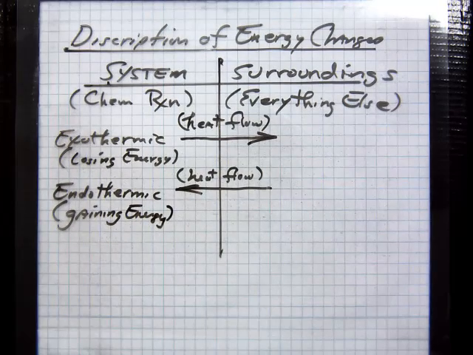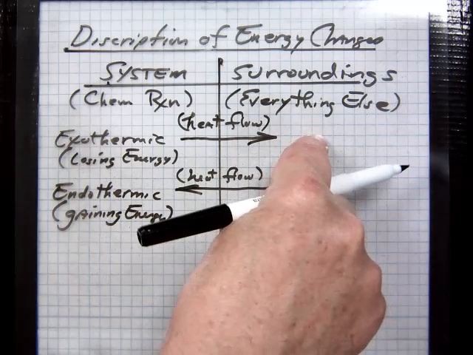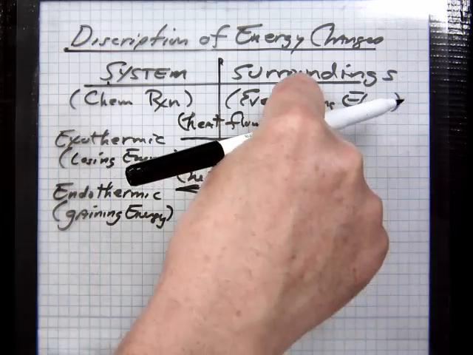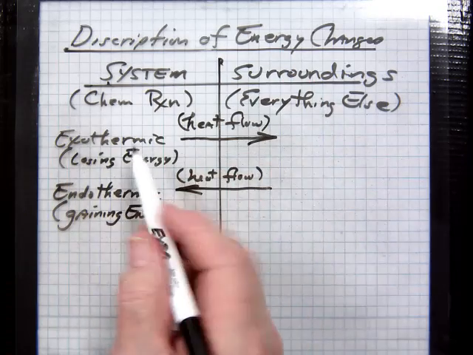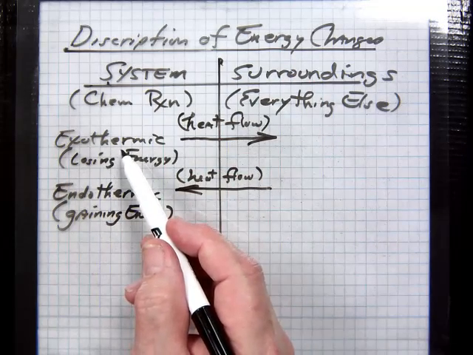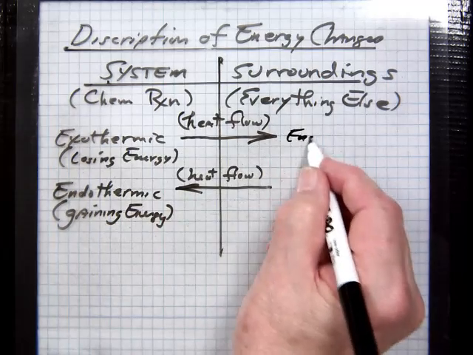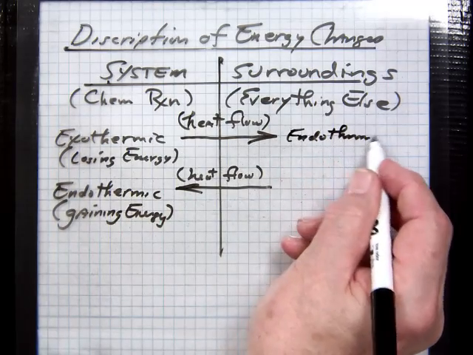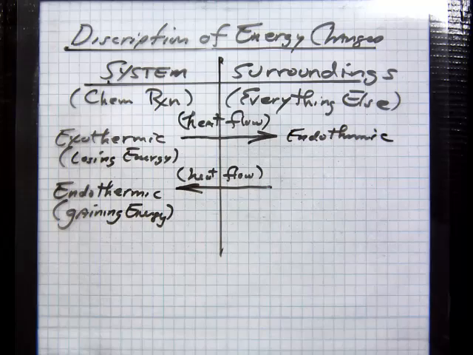Now understand that when we use endothermic and exothermic, you must keep in mind that those terms relate to the system, not the surroundings, because if we consider the same endo-exo issues relative to the surroundings, we would find that while it's exothermic to the system, it's endothermic to the surroundings.